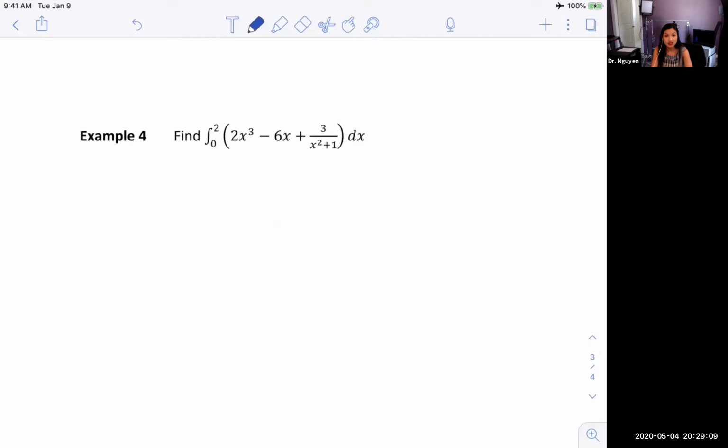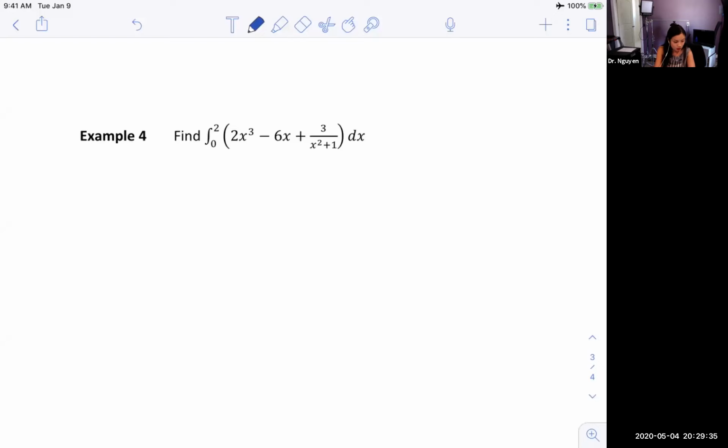Now, if you just have 3 over x squared, you can definitely move the denominator to the top and change to the negative power. But there's something wrong here because we can't really do that with x squared plus 1. So hopefully you still remember that 1 over x squared plus 1 is going to give you arctangent. Okay, so keep that in mind.